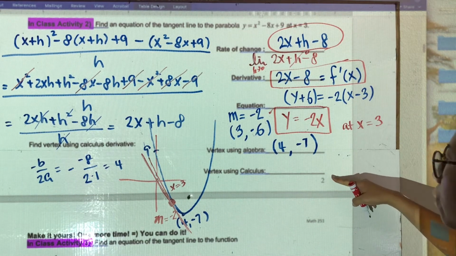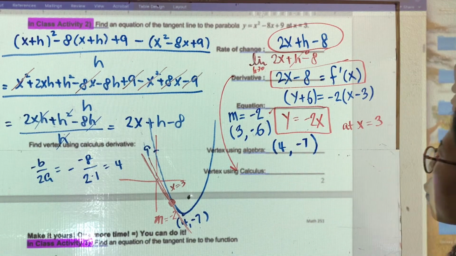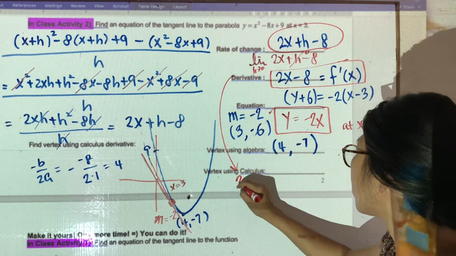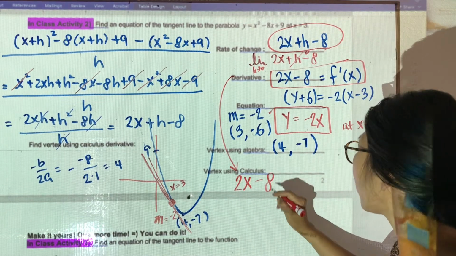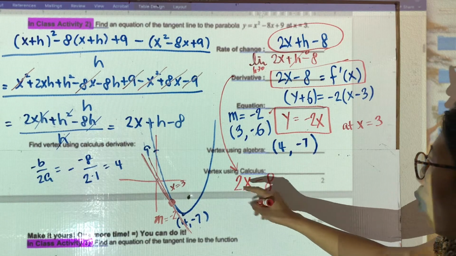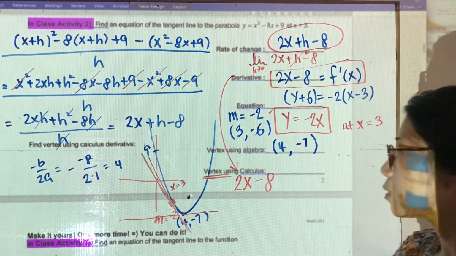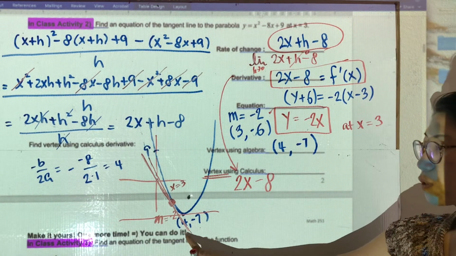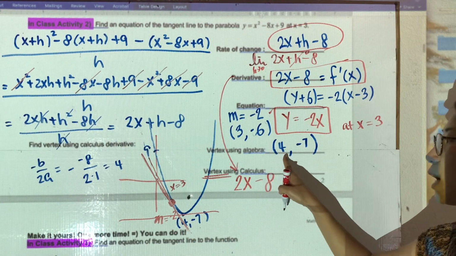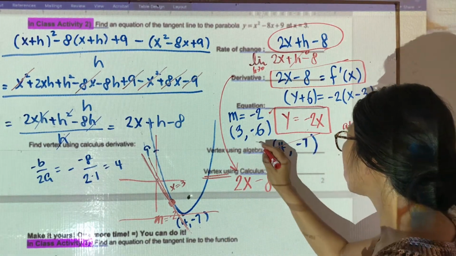Then what is the vertex? As we can find from the derivative function, 2x minus 8 is my derivative function. Then I want to see the vertex, which means when my slope becomes 0. As you see, your answer is 4 because we already found it. But if I had not found this, you don't even need to do that.